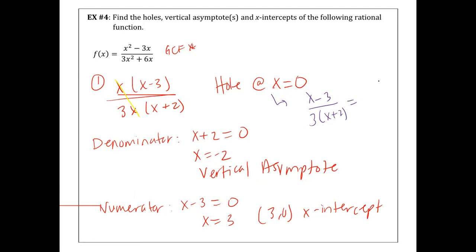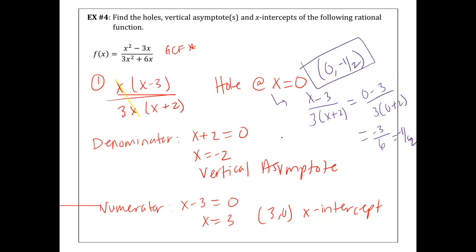When I plug 0 into this, I get 0 minus 3 over 3 times 0 plus 2. And that's going to give me negative 3 over 6, which equals negative 1/2. So my hole is exactly located at (0, negative 1/2). And that is something that we should be able to do completely without a graphing calculator and algebra.